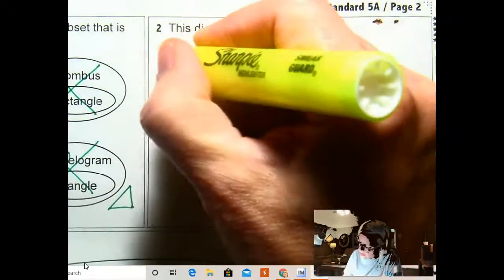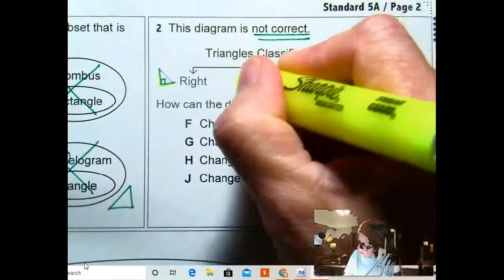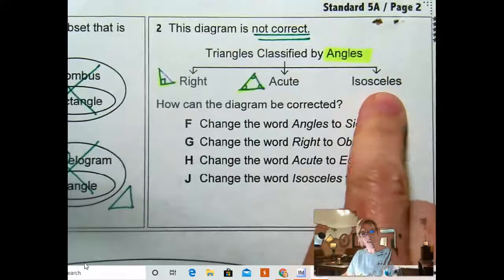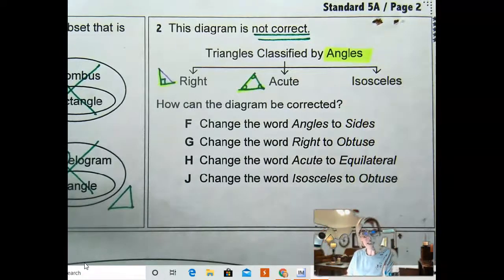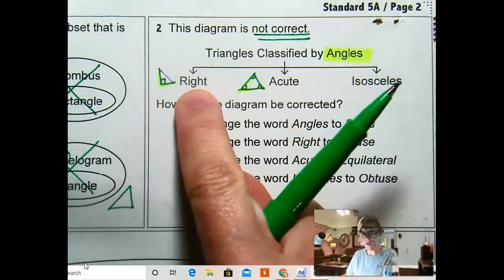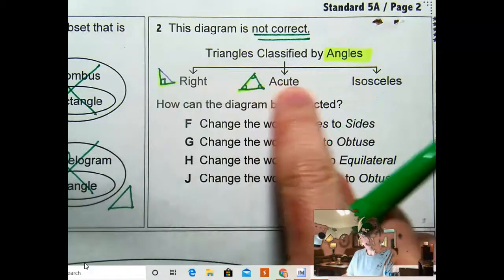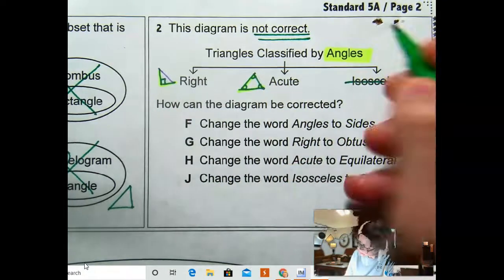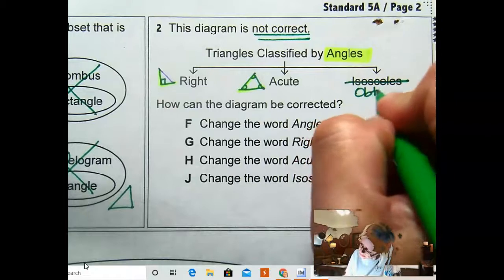There are such things as acute angles, but what is the other type of angle that we know about? Is it called an isosceles angle? Or is it an obtuse angle? Let's write down the 3 types of angles that there are. We have right, acute, and obtuse. This is not a type of angle whatsoever. It's obtuse.